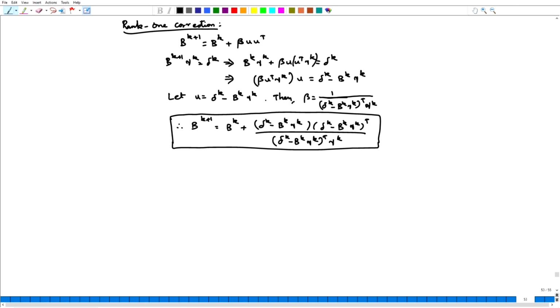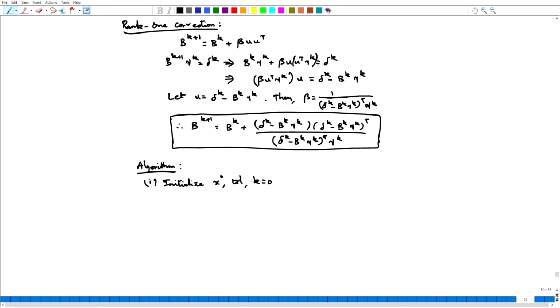Okay. So, I will write down the algorithm fully. We first start by initializing x 0, tolerance, k equal to 0. Here we have to initialize B 0 as well, because we are just updating here.